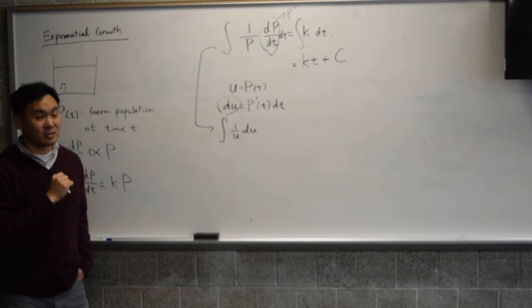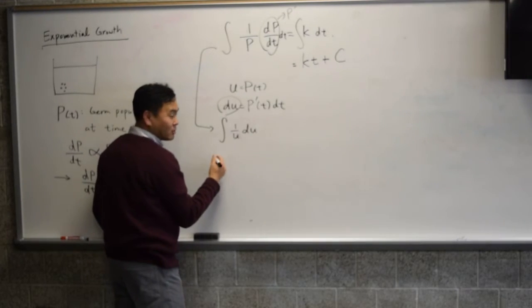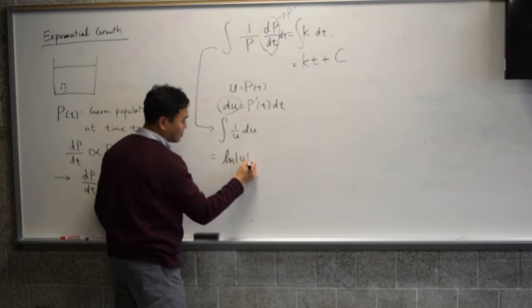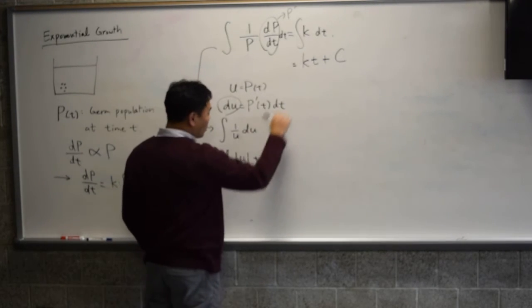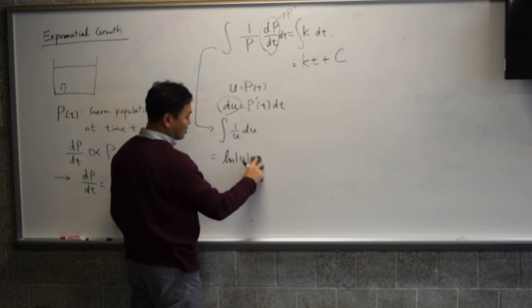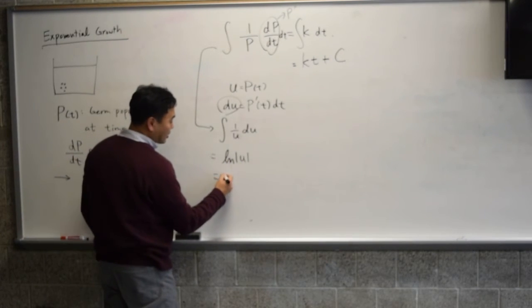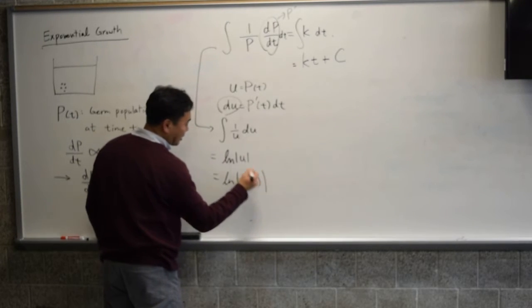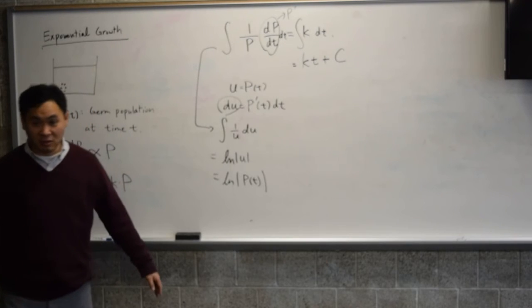Good? What's the integral of 1 over u? ln of u, ln of the denominator. Plus c. You only need to put c on one side, so that's good enough. And because u is equal to p of t, I can replace p of t back in there. So that's what we get. So we know that the left side becomes ln of p of t.